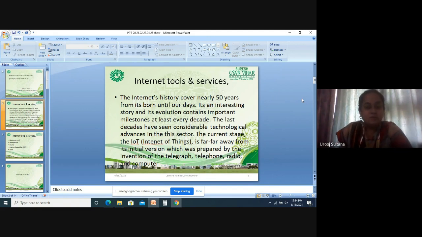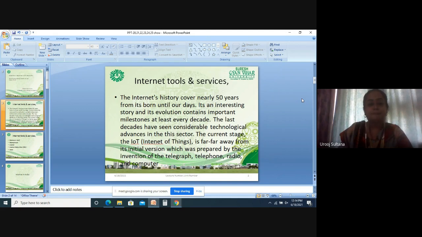So the point was to distribute information between geographically dispersed computers, and then ARPANET created a communications standard, NCP, which stands for Network Control Protocol, which defines the basics of data transfer on the internet today. Actually, whenever we talk about protocol, it means we are talking about some rules and regulations. So the internet, or networking itself, also follows some rules and regulations.